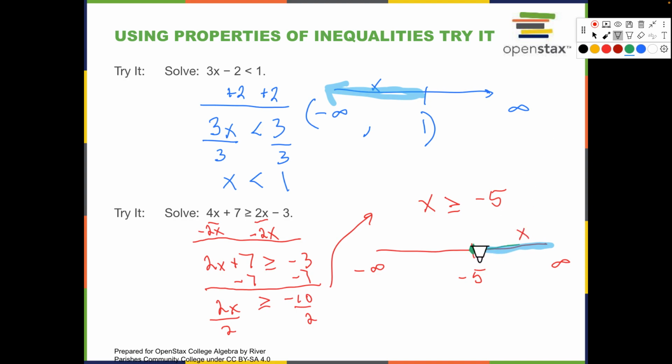Yes, it is, because of the equal sign. So we're going to get a bracket here to infinity with a bracket there. So notice it's the other side. You don't have to draw the line graph, but I find it's easy. It makes sure I get everything lined up correctly. But if you're okay and you're able to write down the interval, it's not required, but if you're having problems like me, I get them in the wrong order.